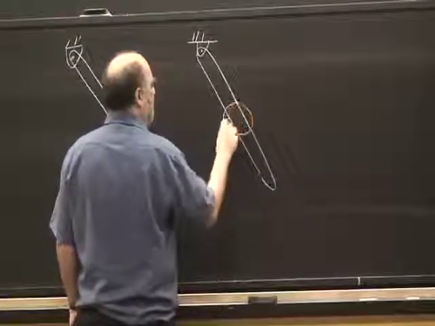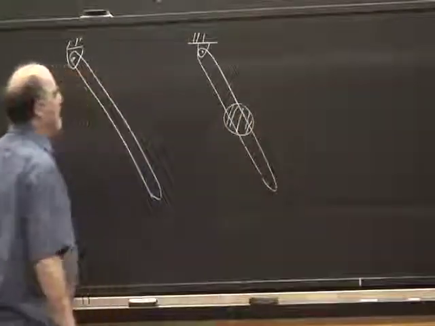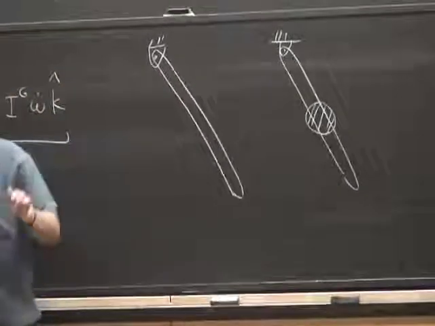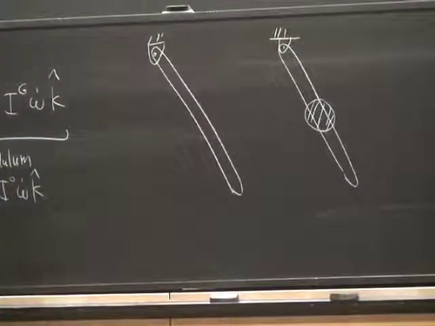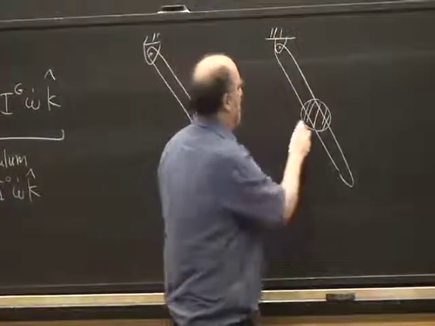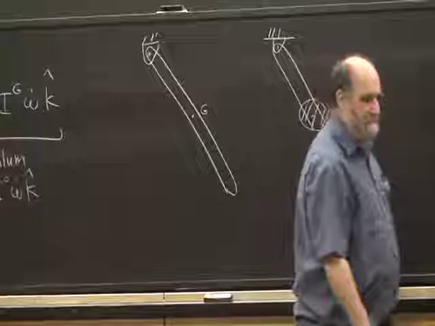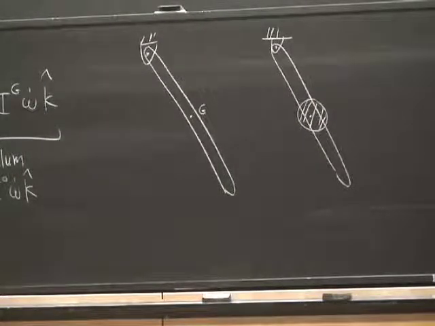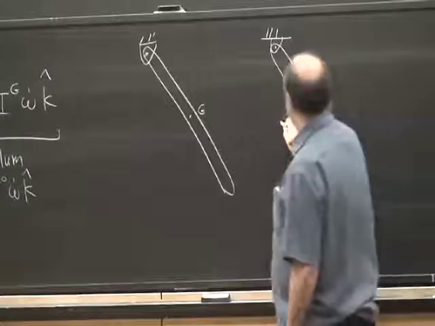And the puzzle problem was, take this stick and look at how fast it swings. That's the lower leg. Now clamp an extra mass at the center of mass and see how fast that swings. So right there at the center of mass, add an extra mass.